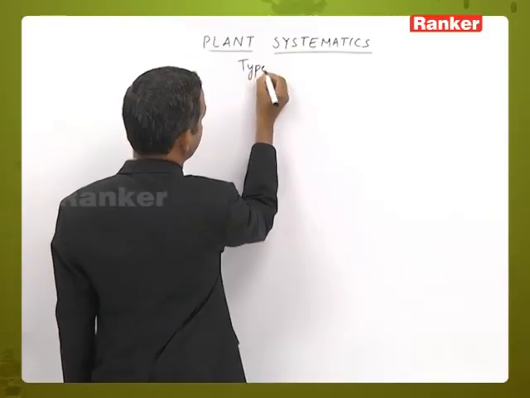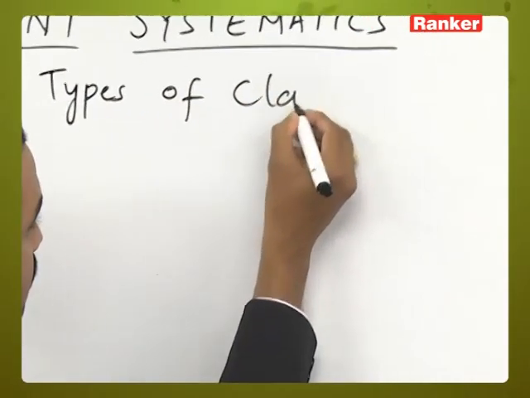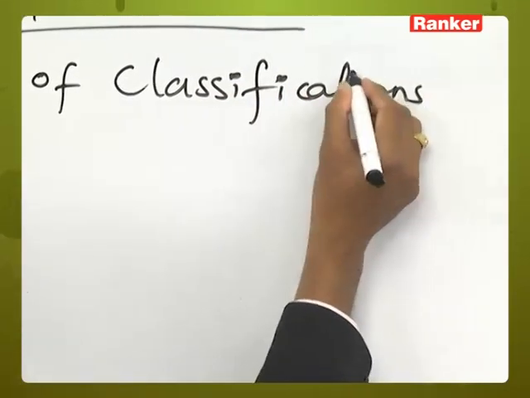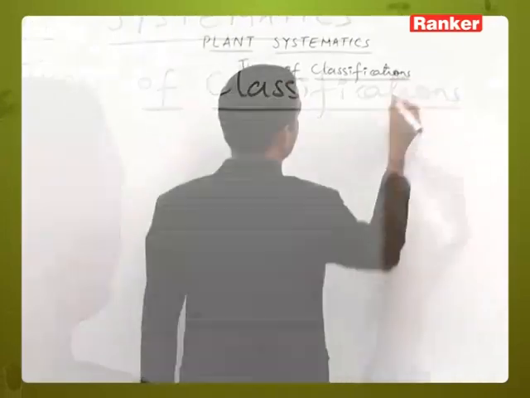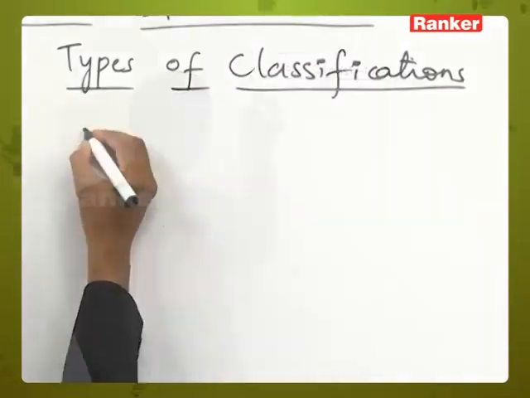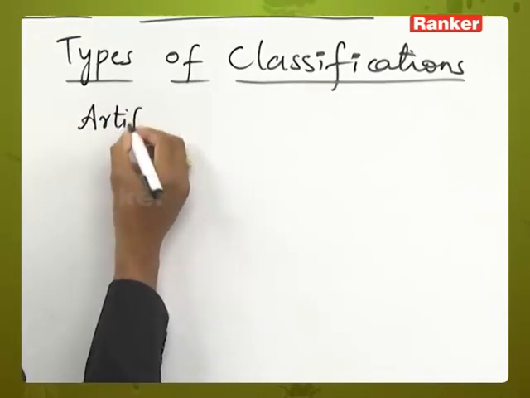Types of classifications. Basically, there are three types of classifications. One is called the artificial system of classification.